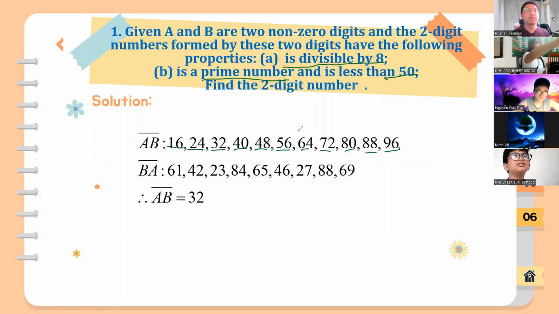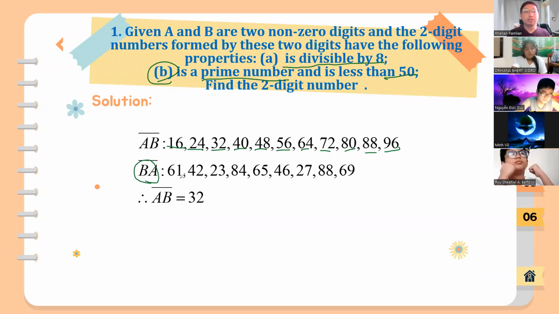Basically, you can find the numbers divisible by 8 by multiplying by a factor of 8. The second property tells you that BA should be a prime number, and a prime number has only itself and 1 as factors. So BA should be a prime number less than 50.